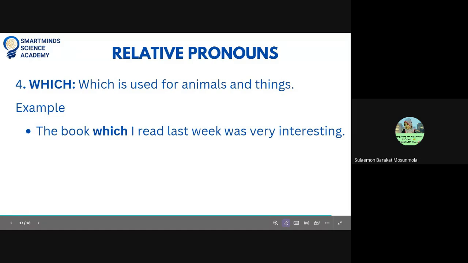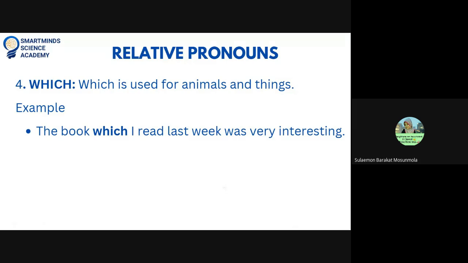Just like which, when you use that as a relative pronoun, it is going to introduce restrictive relative clauses.